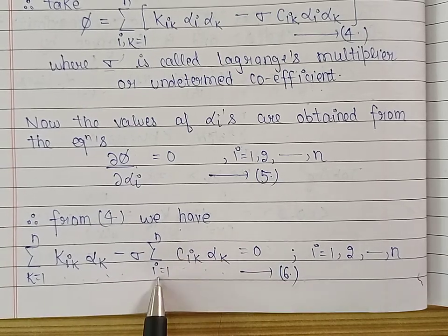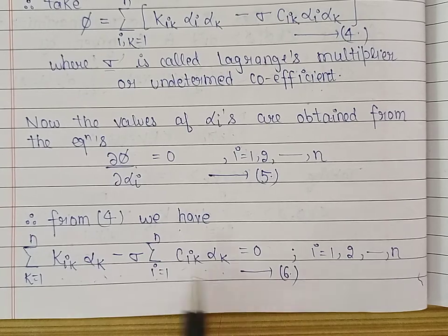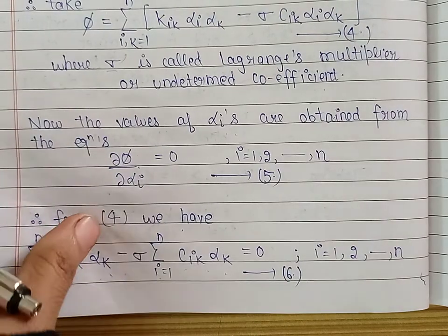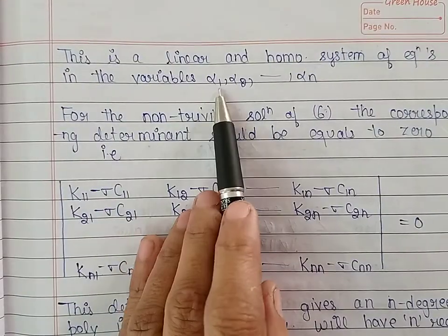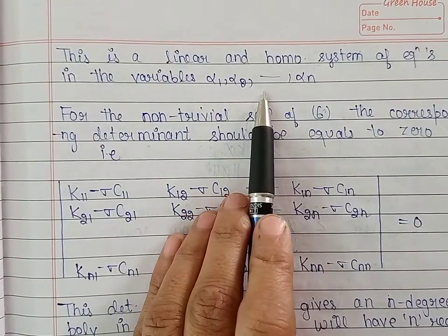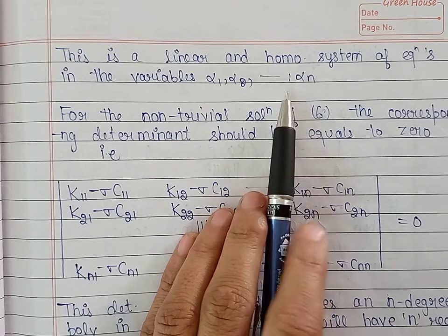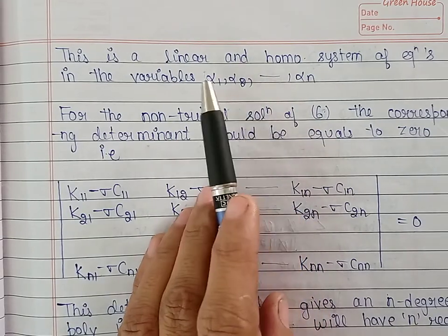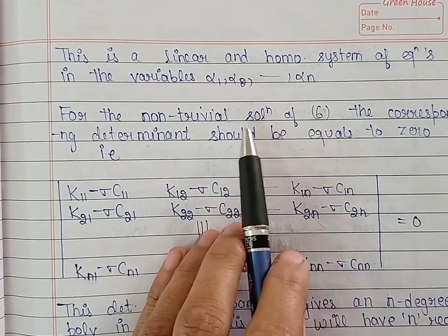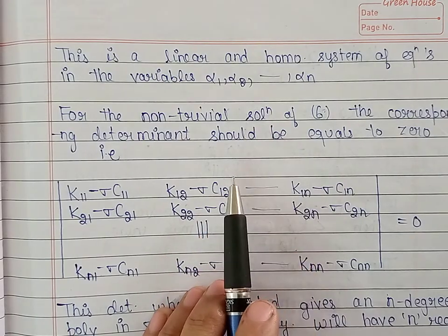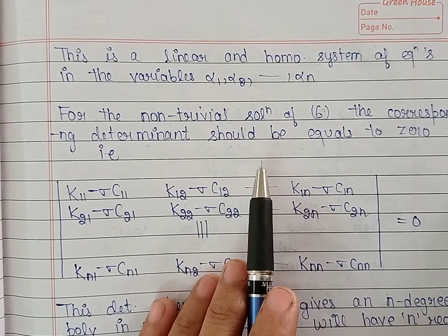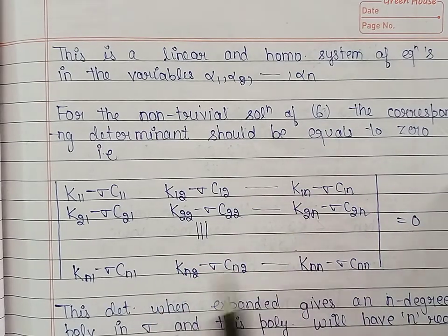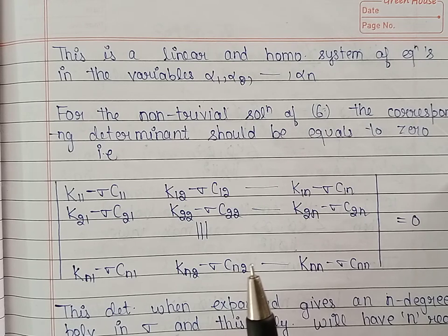Here this i varies from 1 to n. Thus we get a system of equations in the variables alpha 1, alpha 2, alpha 3 and so on up to alpha n. Now for the non-trivial solution of the system formed, the corresponding determinant should be equal to 0. So you find the determinant of the system which is given by the system of equations number 6.